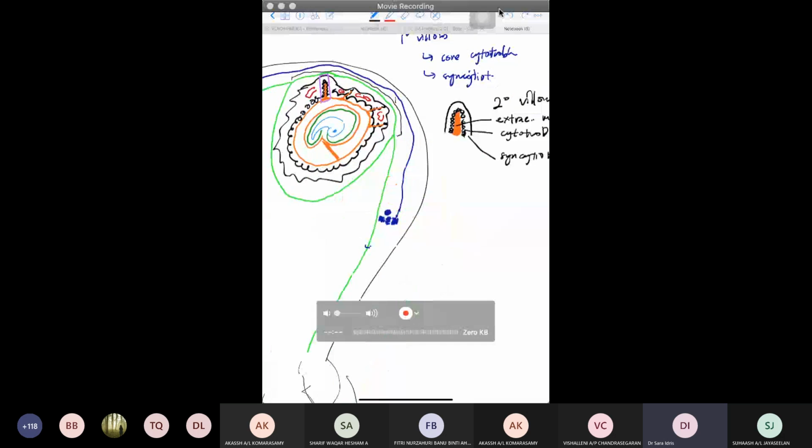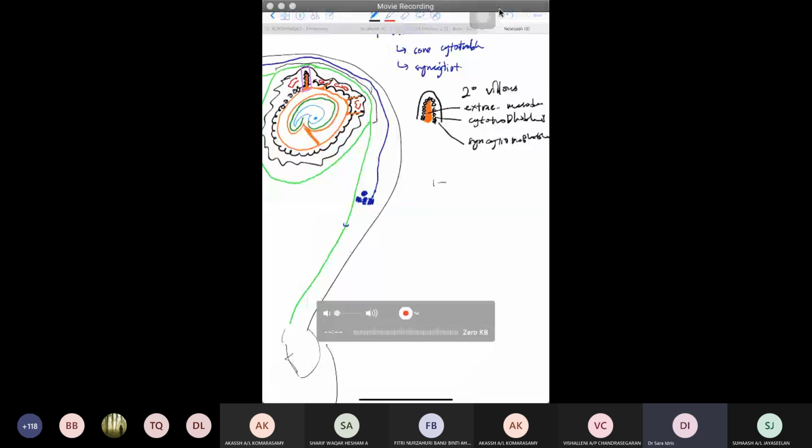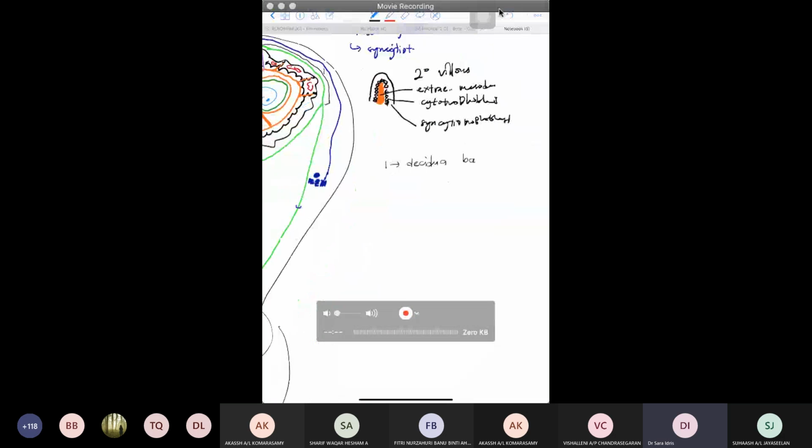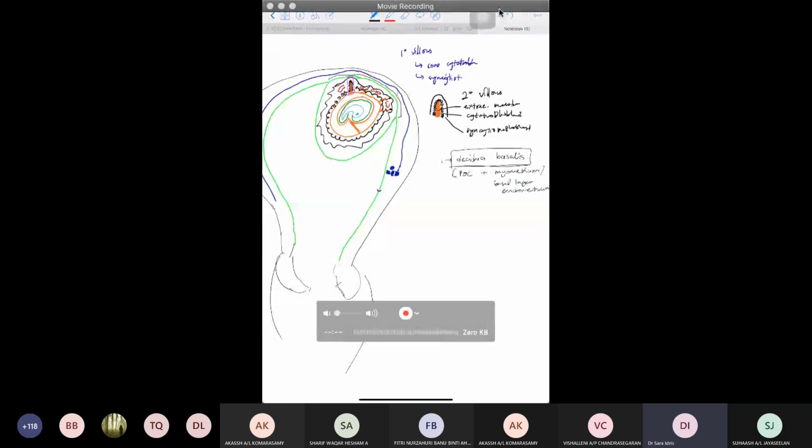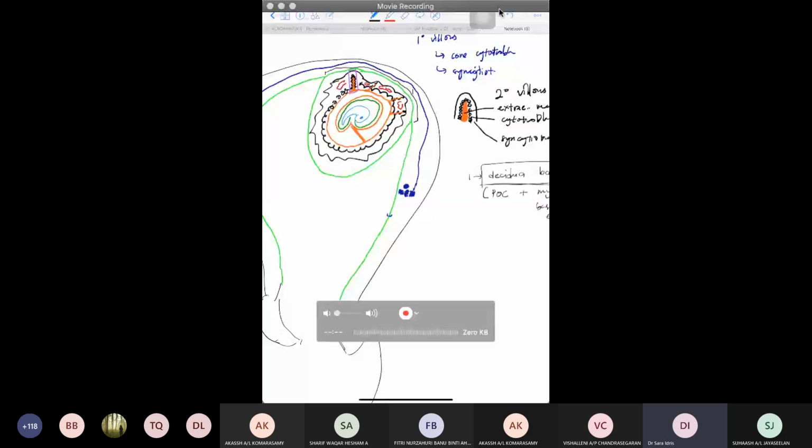So this decidua here, number 1, is known as decidua basalis, in between the POC and the myometrium, or the basal layer of the endometrium.